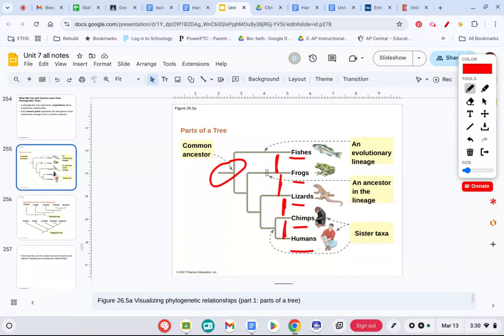And that is because these phylogenetic trees don't say when this happened. There's not a timeline here. It's just saying that they did diverge and go into their separate groups, and they are related in some way, but it's not saying how long ago that happened. So that's an important point to keep in mind when we look at these things.